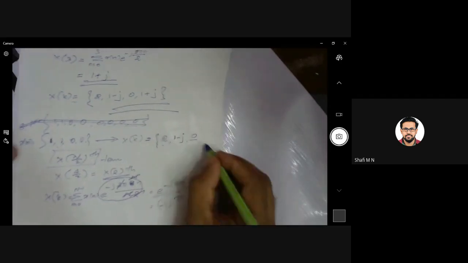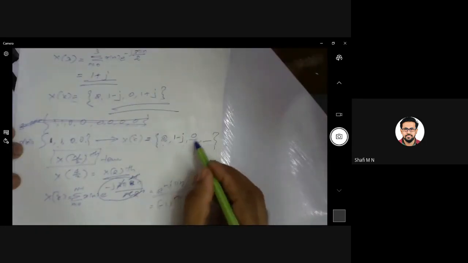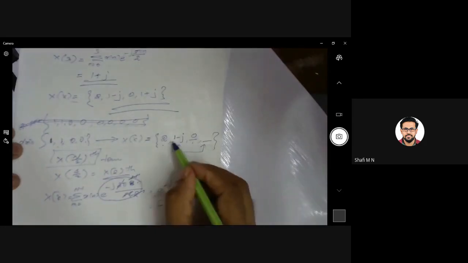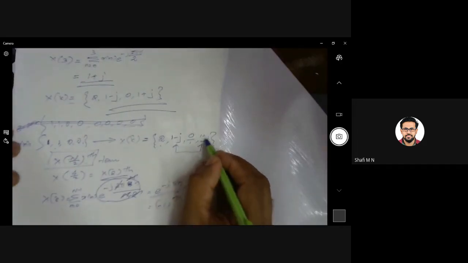Now the last term, you don't want to work it out. There is another format. This was the center term. We identify this as the center term, the n by 2th term. With this center, your DFT will have a symmetric property. Because if it is 1 minus j, this will be the conjugate of that. This will be 1 plus j.